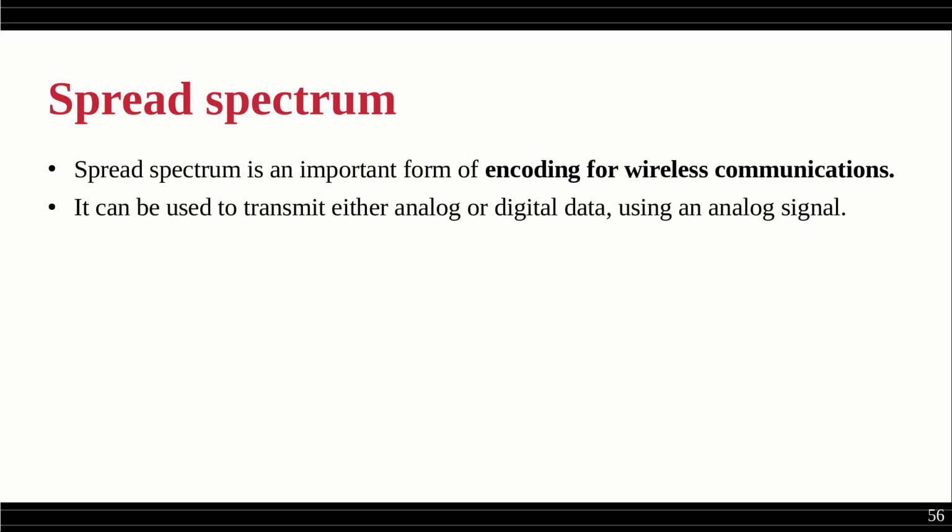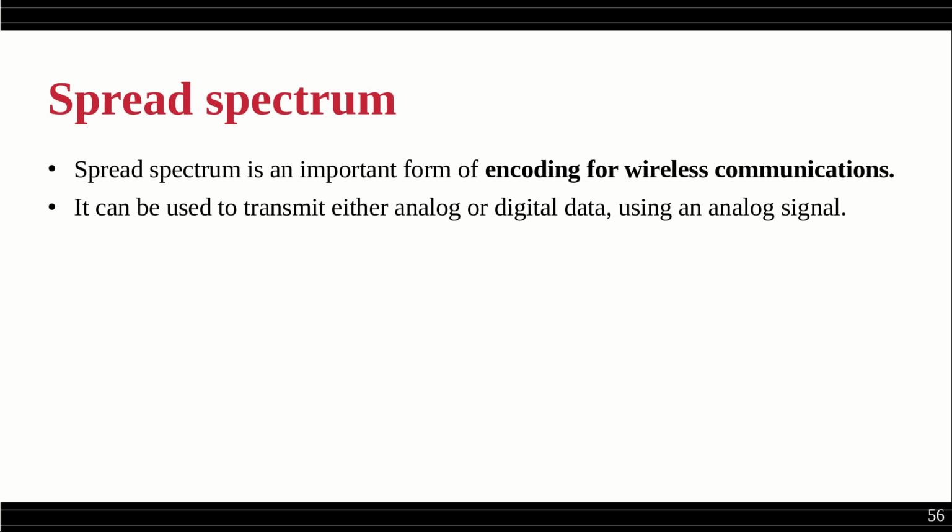Now it can be used to transmit either analog or digital data using an analog signal. We have already seen 4 kinds of encoding: analog data to analog signal, digital data to analog signal, analog data to digital signal, and digital data to digital signal. All 4 categories we already discussed.